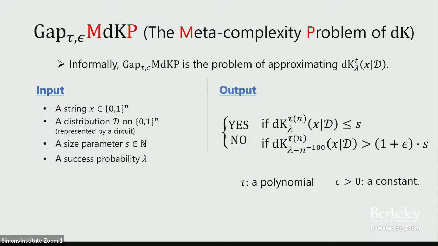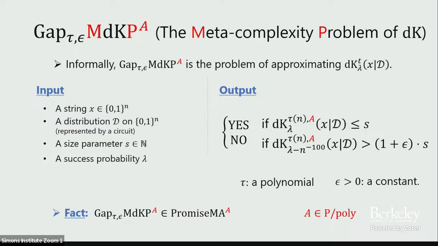In the yes case, the distributional complexity of X given D is at most S. In the no case, it is at least (1 plus epsilon) times S, where epsilon is any constant, and the time bound is a polynomial. The time bound in both cases is the same, so there is no gap there, but for success probability we allow some small gap. You can easily see that this problem is in promise MA. That's the problem we consider.